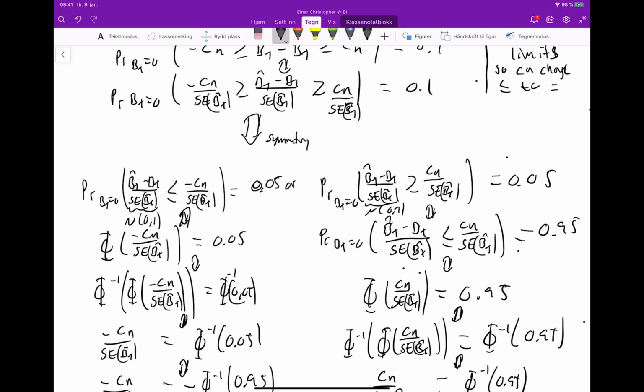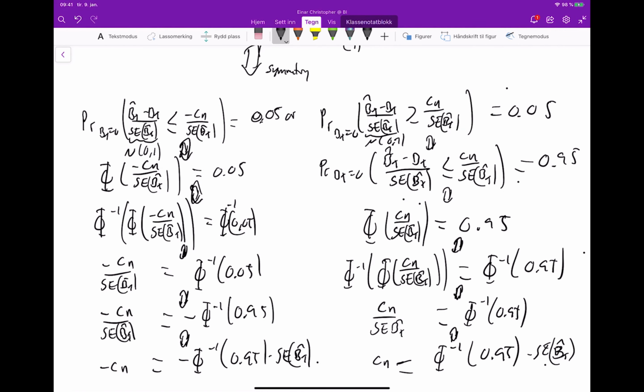So now I take this one first. And then to get rid of the CDF, I have to take the inverse of the CDF. So I take the inverse on both sides. And then I just get, on left side, the number minus Cn divided on standard error beta 1 hat, which is equal the inverse CDF of a standard normal distributed variable of 0.05.